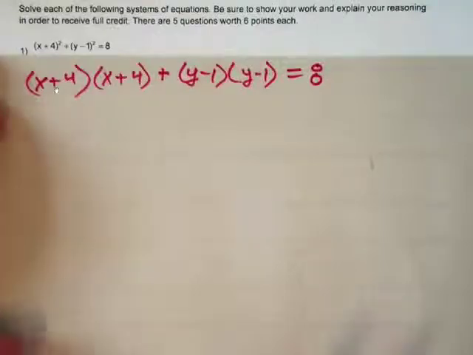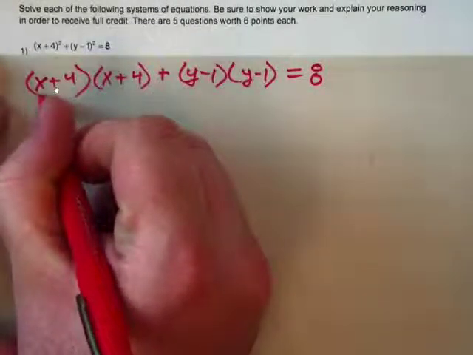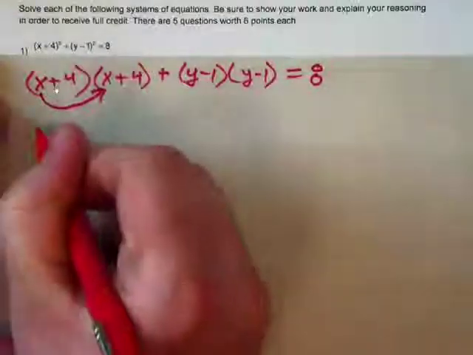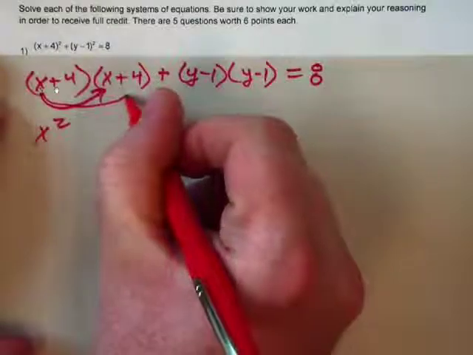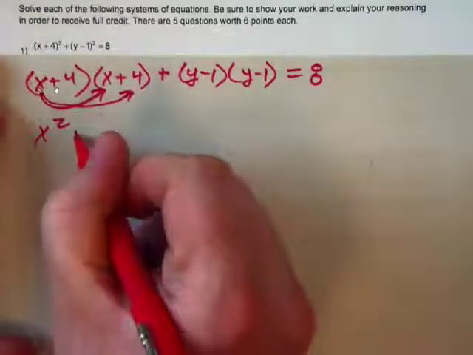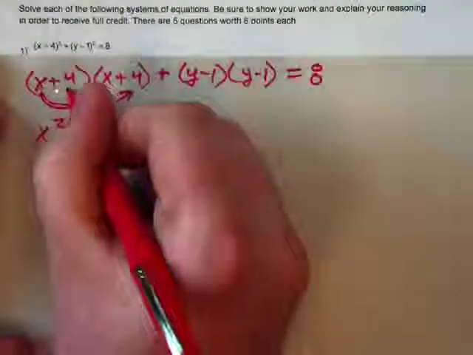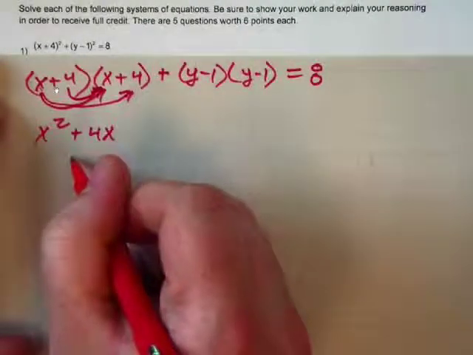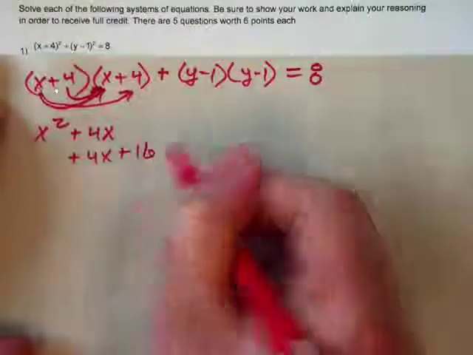Okay, so once we separate that out, now we can FOIL. x times x is x squared, and x times 4 is plus 4x, and again, 4 times x is 4x, and then plus 16.